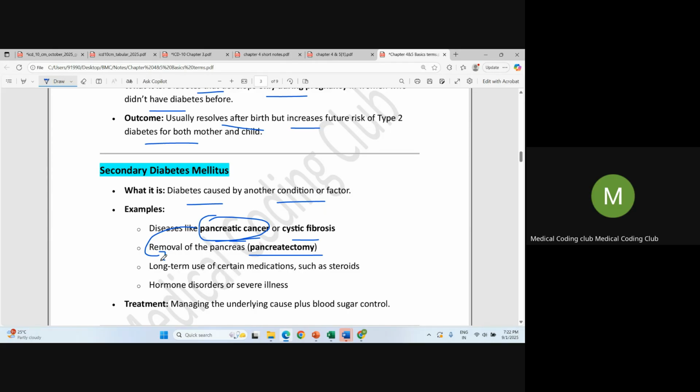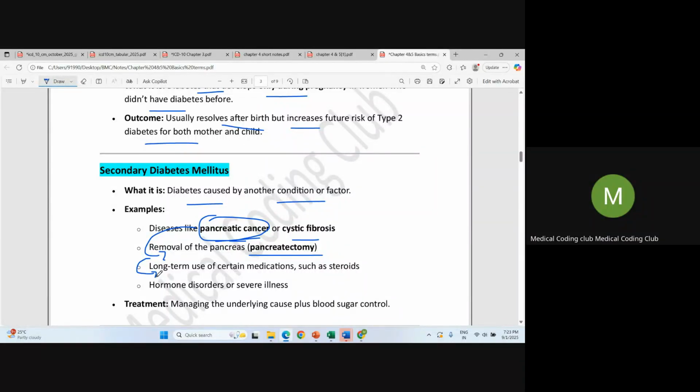And also we have one more thing, like drug-induced diabetes. Drug-induced diabetes means the patient will be taking some long-term medication for another underlying condition. Since they have been taking the long-term drug therapy, it may cause certain side effects, like adverse effects.